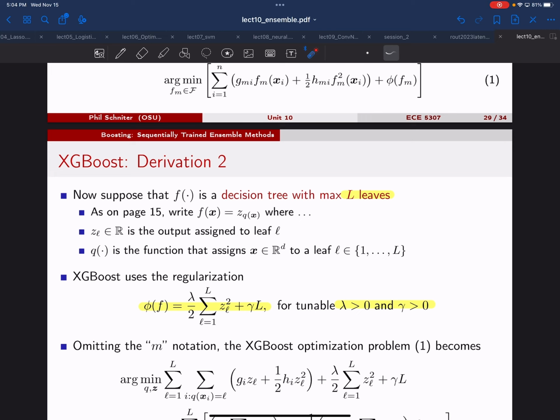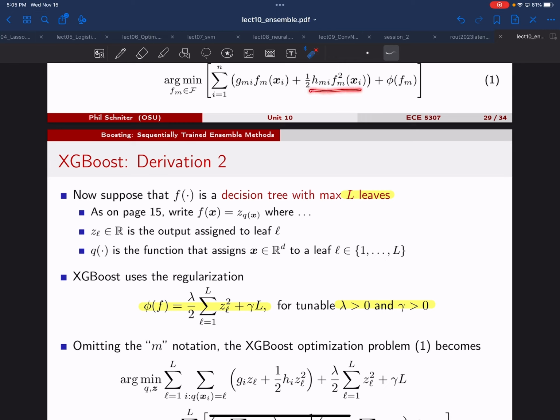And what that allows us to do is, so like this term, fmxi, I can just write this directly as ZL, because here I'm saying sample I will end up in leaf L, so if I know that, I can just write this in terms of ZL.